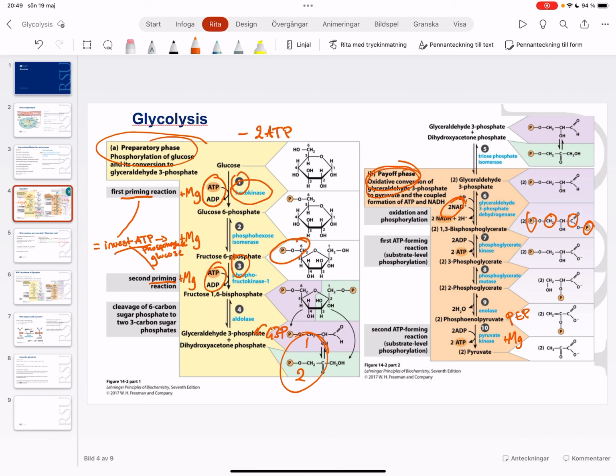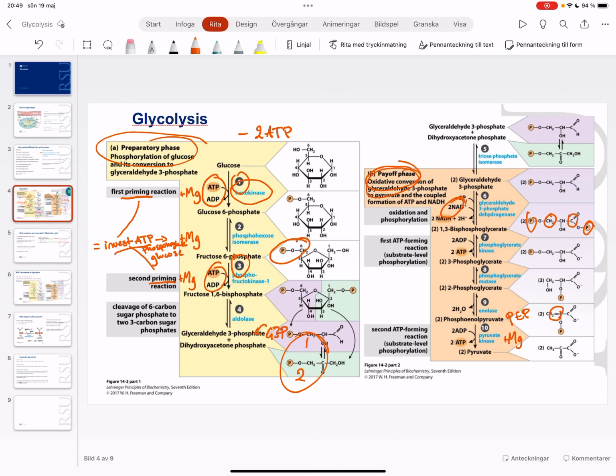And you can remember this, so in the colloquium we will have to differentiate the molecules. They could give you this molecule and then you have to name it. So how can you differentiate between this one and this one? Well, PEP will have a double bond here, and 2-phosphoglycerate will not.